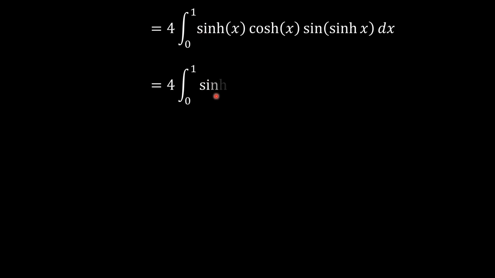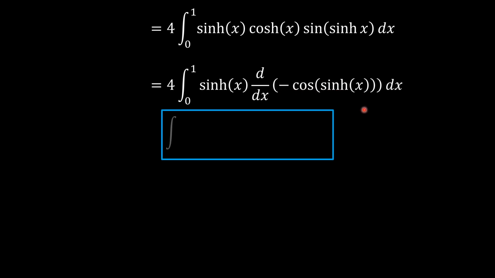So the first thing I see here is this part here is the derivative of negative cosine of hyperbolic sine of x. And we can use integration by parts, which we know always that if you have a product of function v and the derivative of function u integrated, you have uv minus the integral of the product of function u and the derivative of v.